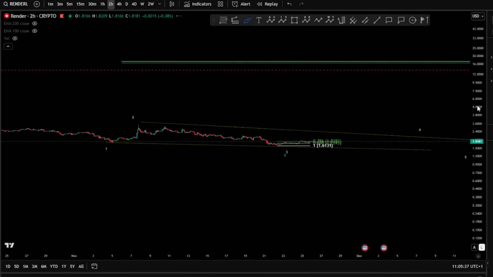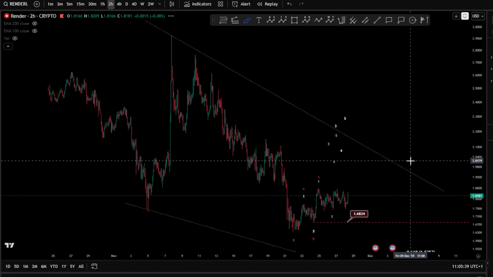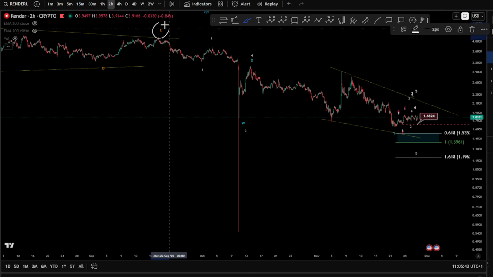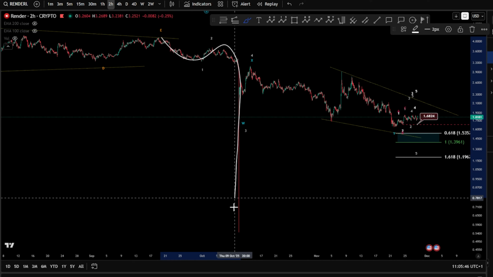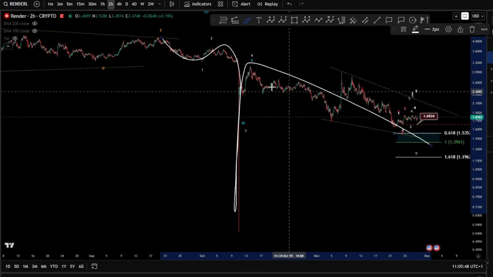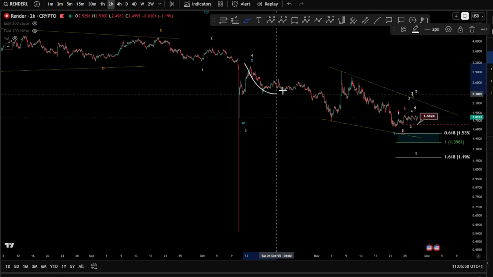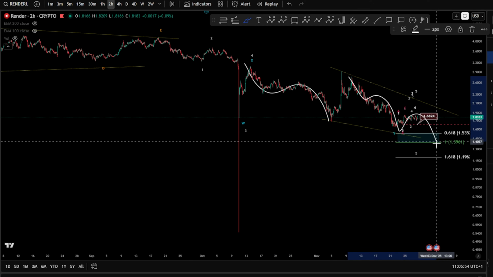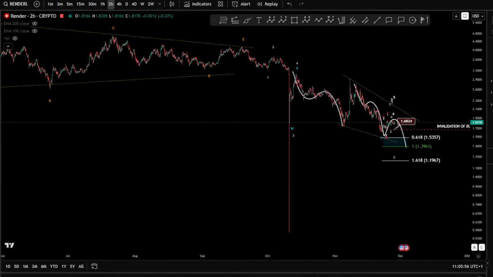Let's move inside it on the lower time frame, where we are looking at this impulse again to explain it. After your wave E triangle, you got a 1, 2, 3, 4, and a 5. Now, if you are in a wave 5, obviously this is a zigzag 3 waves, another zigzag 3 waves, and probably you're going to get one more drop for a wave 5.